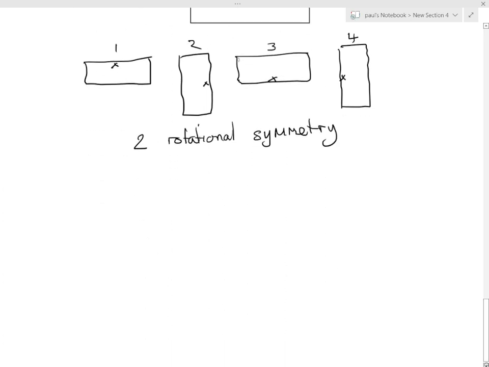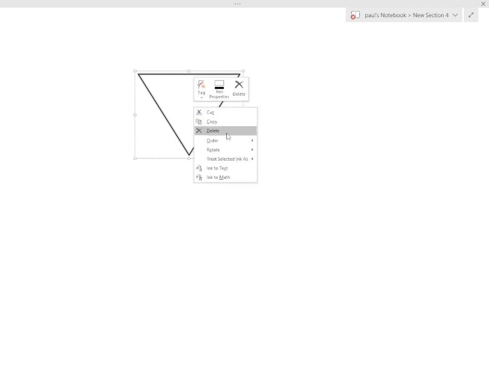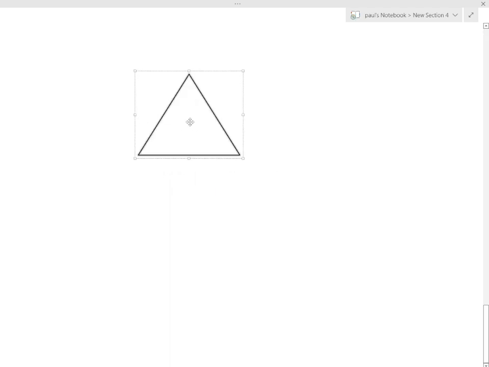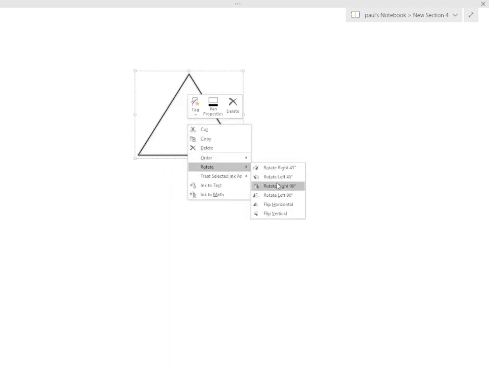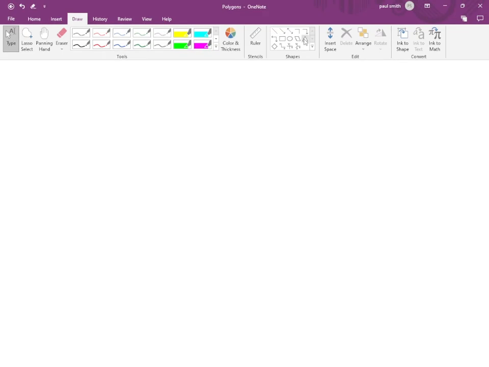If we take a triangle, an upside down triangle, never mind, that would be 1. Rotate it 90, 2, doesn't look the same. Rotate it 90, doesn't look the same because it's upside down. Rotate it 90, now it's left to right.